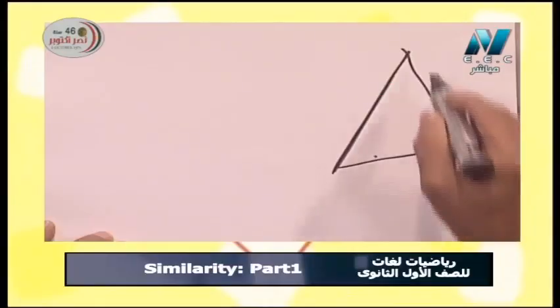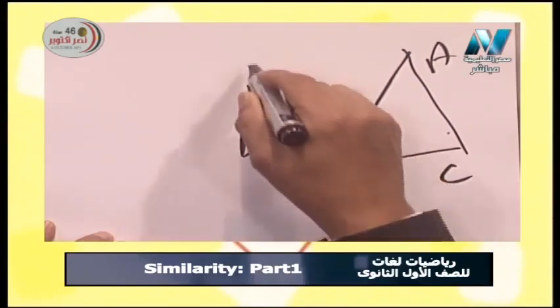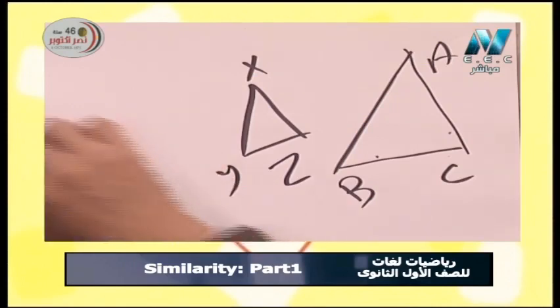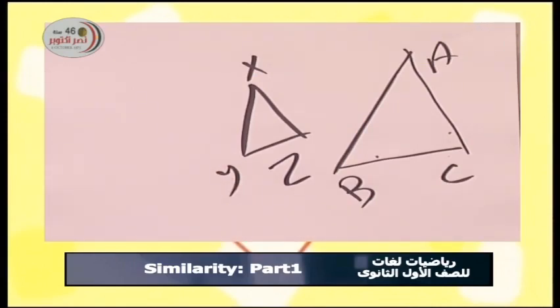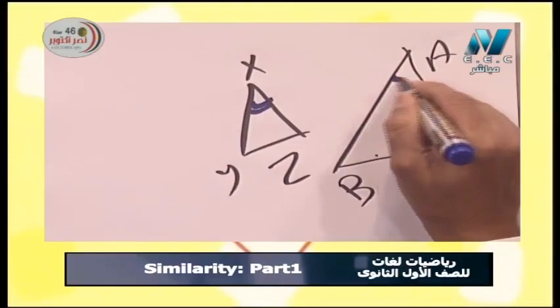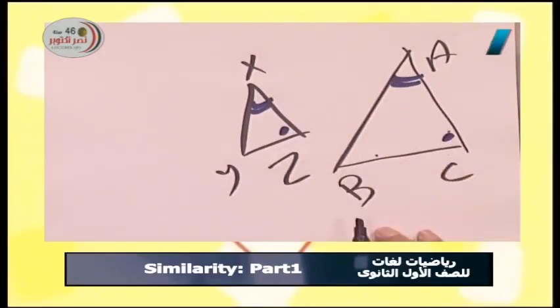Let's verify the similarity of two triangles. If we have two triangles here, ABC and XYZ, and we have at least two corresponding angles equal, this angle equals in measure this angle, and this one equals the measure of this one, so the two triangles are similar.